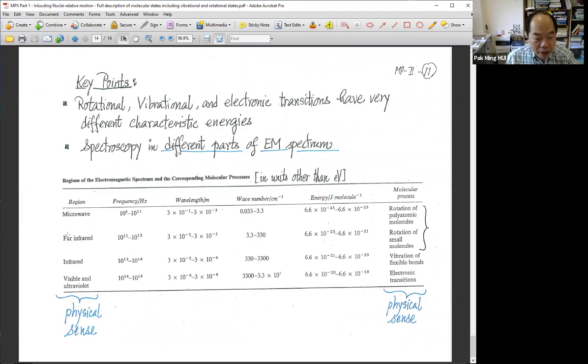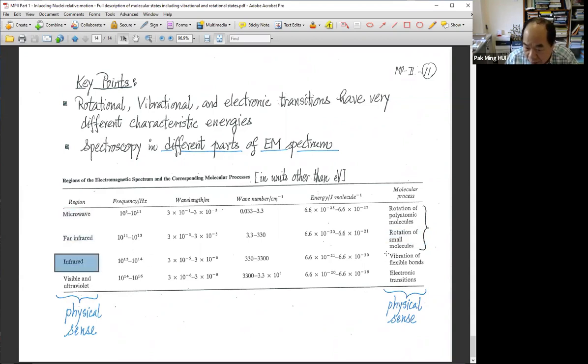Okay, so all in all, just take this take-home message. Microwave will be related to rotational motions. Far infrared also partly responsible for rotational motion because it is 0.001 to 0.0001 eV. So it's about this ballpark.